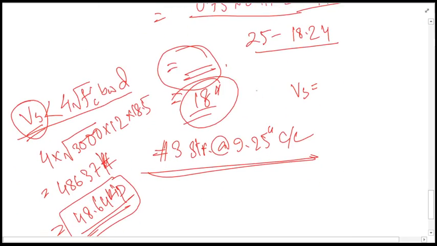So in this case, how will we be calculating the VS value? How to calculate the VS value? As we know that the VS is nothing but VU minus 5VC.